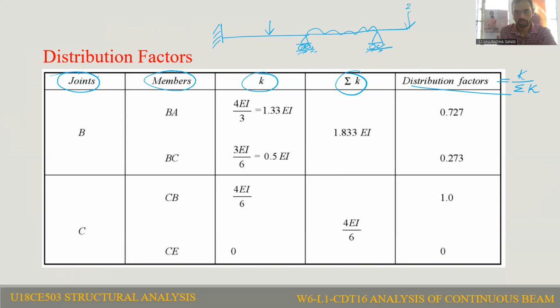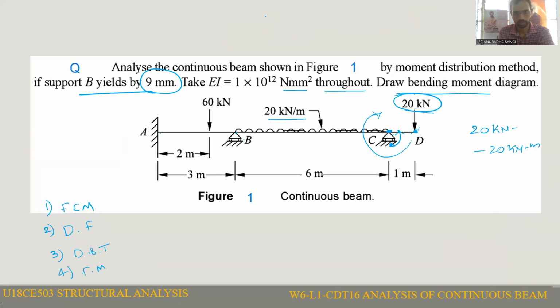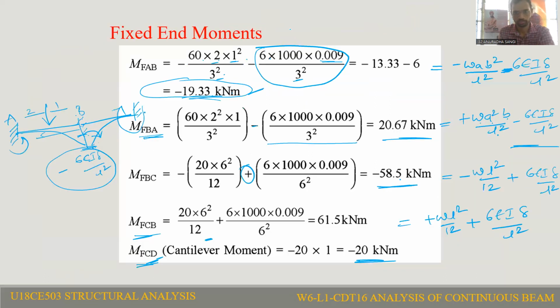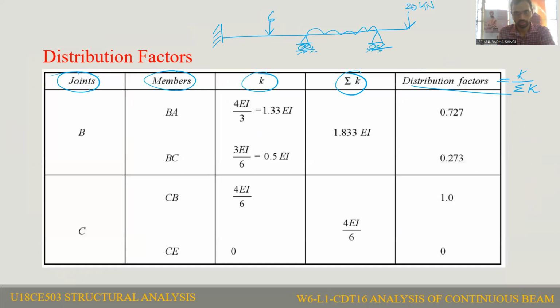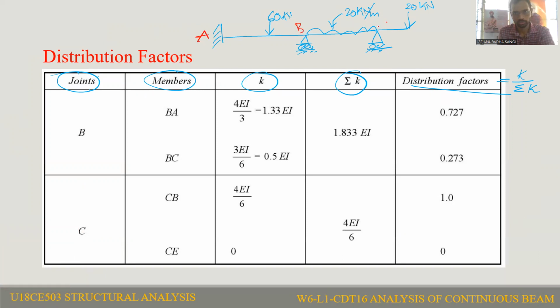So 20 kilonewton meter is acting. 60 kilonewton, 20 kilonewton. This is support A, and it is B, and it is C.